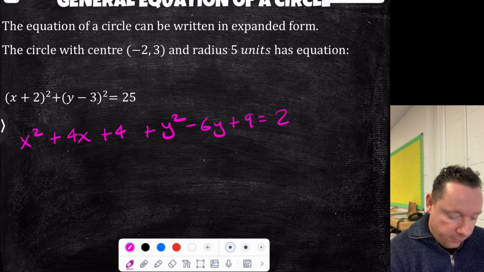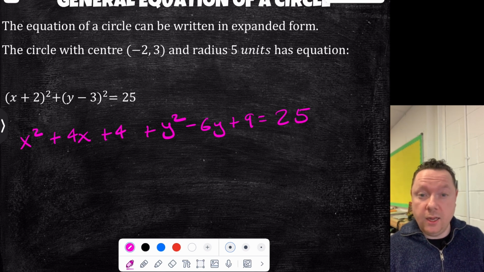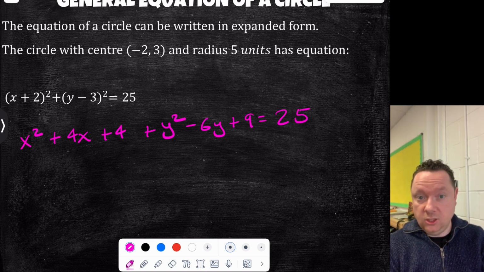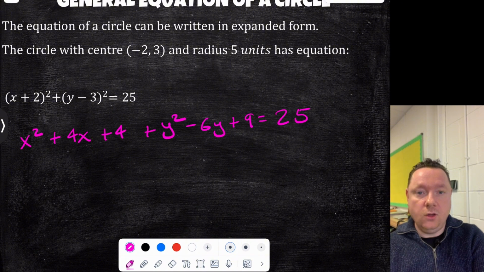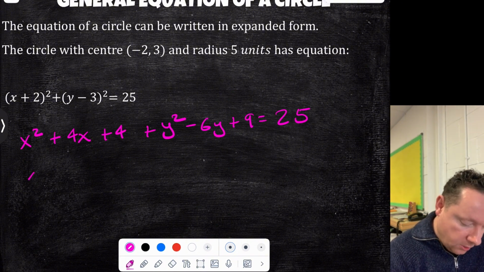And that equals 25. And then we can just collect the terms in a nice way, so the x squares and the x's and the y's, and then the numbers all together. So it goes squared, and then x, just linear, and then the constants at the end. So if I do that, just by rearranging it, I've got x² + y² first.